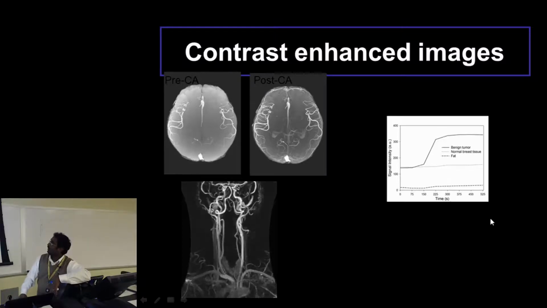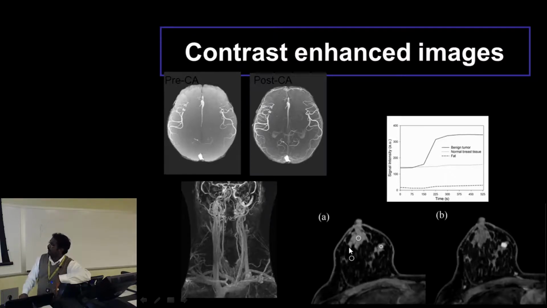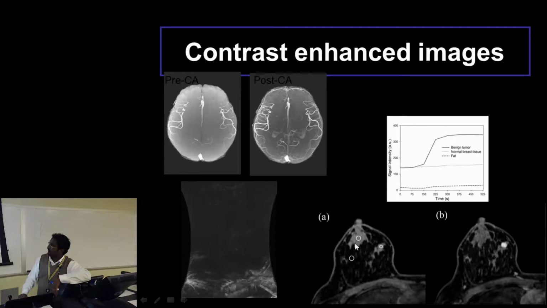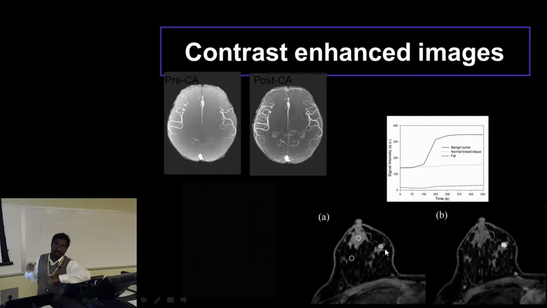And you can plot the signal intensities. Actually, this is corresponding to this one, where contrast agent take-up is looked at quantitatively to see a benign tumor takes up more contrast agent compared to the non-benign tumor in breast imaging, basically.